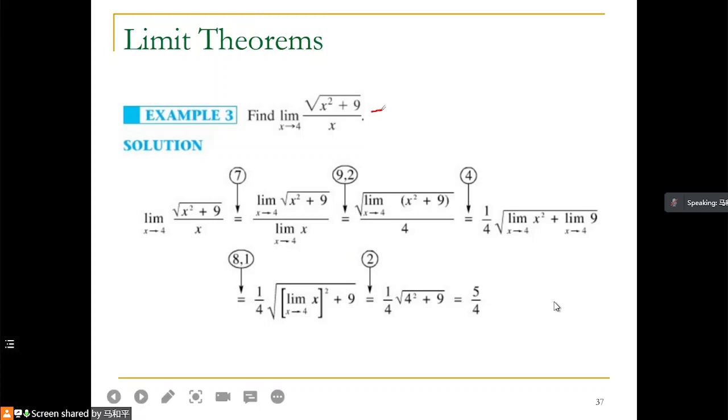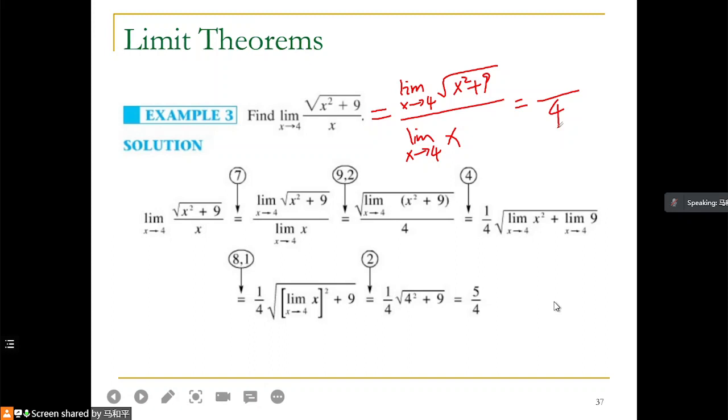We can use theorem A. We can first find this limit over, we can write like this. And we know here the denominator is 4, right? It's not 0, so we can write like this.